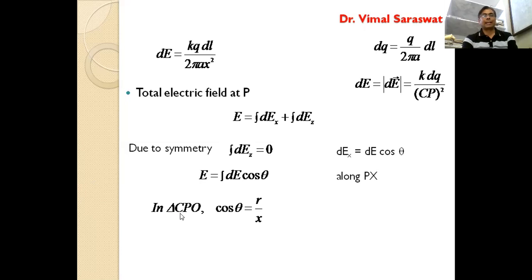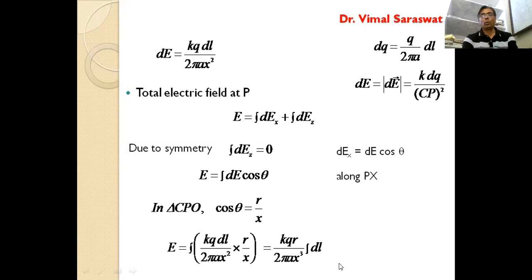Now, in triangle CPO, cos theta is equal to r by x. So the value of cos theta is r by x, and the value of dE is kq dl upon 2 pi a x square. Substituting these, the electric field at point P will be E is equal to integration of kq dl upon 2 pi a x square into r by x, or this will be kqr upon 2 pi a x cube integration dl.